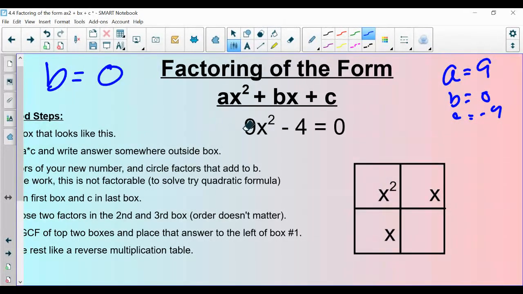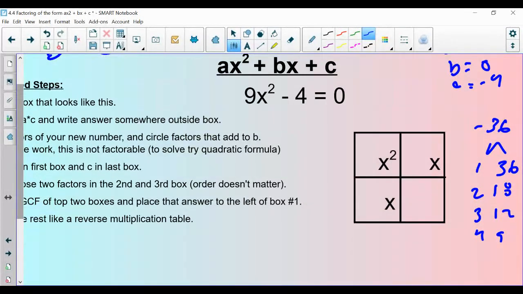So you still multiply the a and the c, the 9 and the negative 4, and you get negative 36, and then you list the factors of negative 36. The factors of negative 36 would be 1 and 36, 2 and 18, 3 and 12, 4 and 9, and 6 and 6. We're looking for which of these factor pairs could add to 0.